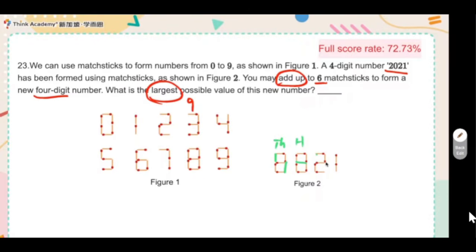Yeah, we can also make a 8, right? 1, 2. We use another two sticks. So right now we still have how many left? Just 1, right? So can we do something else? Yeah, we can just make it become a 7, right? So here the answer is 8,887. Okay, so this is how we solve the problem.